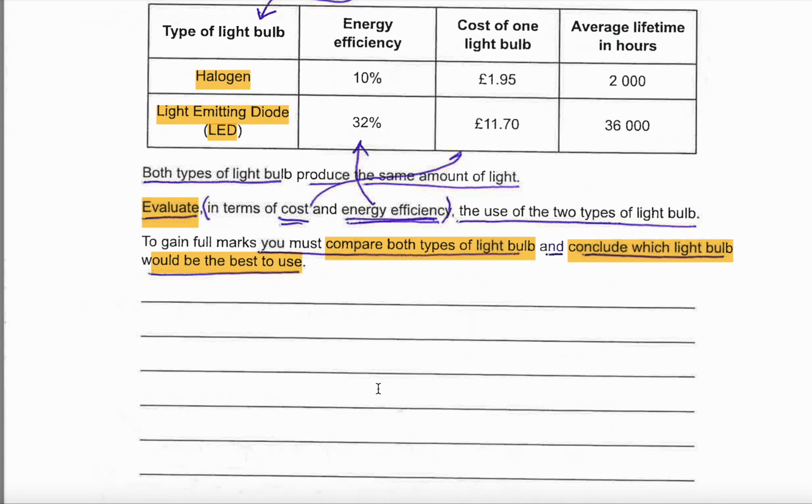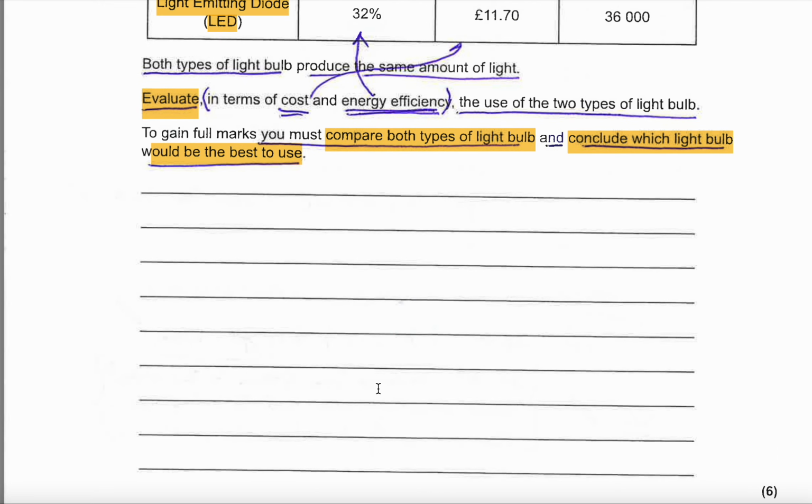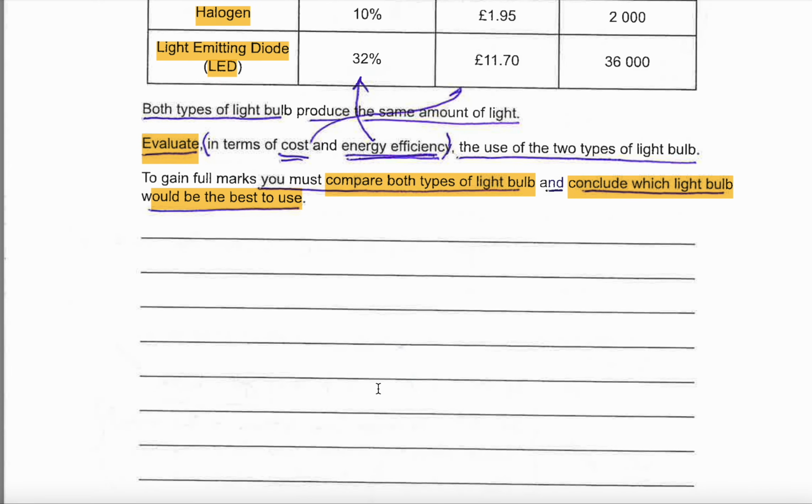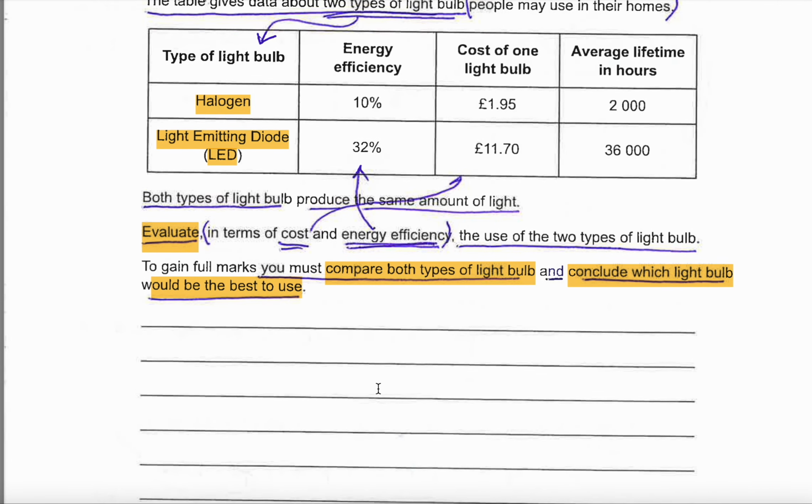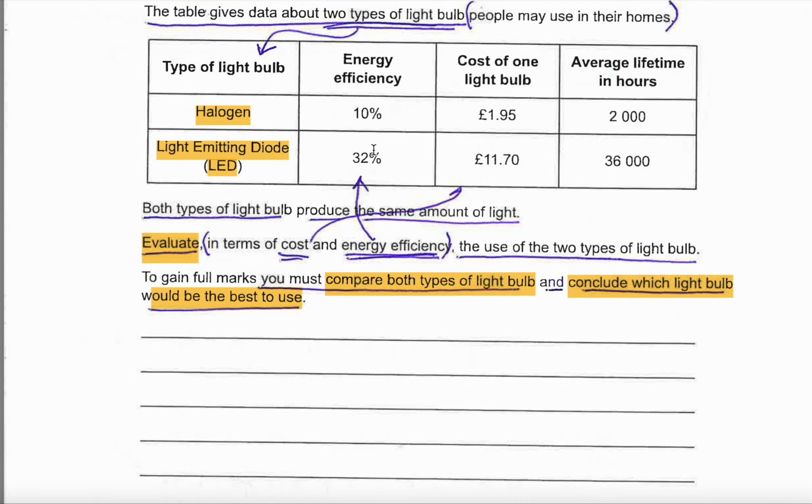Now, I didn't write anything, because there is no set answer to it, but I'll show you the mark scheme. So obviously over here we can see that the LED is more efficient, so it converts the electricity into light more efficiently, but it costs about £12, £2, 6 times more. But then you get 18 times more life out of it.